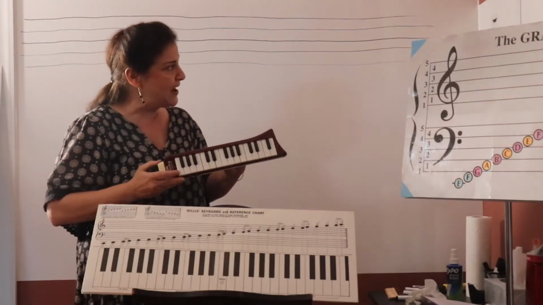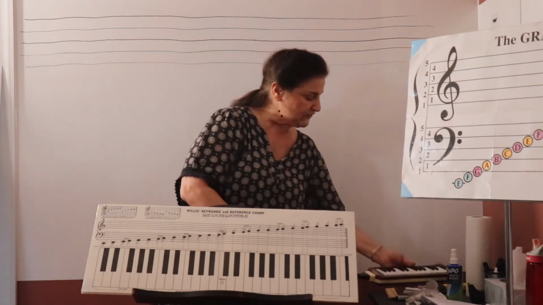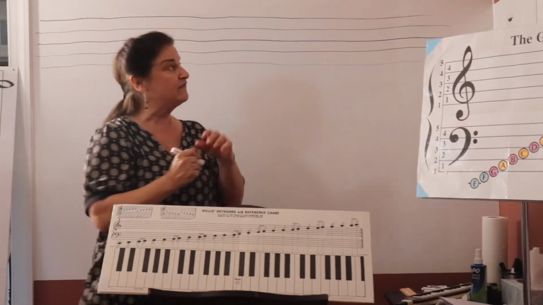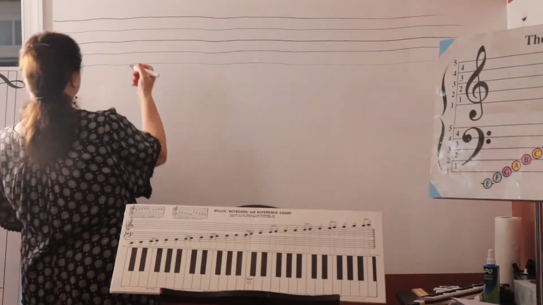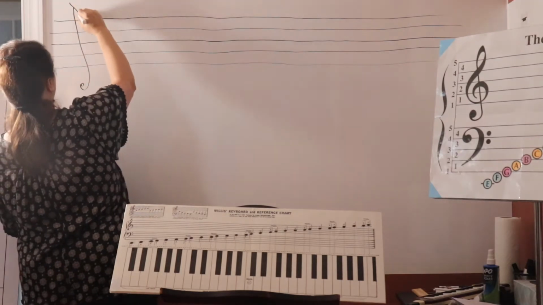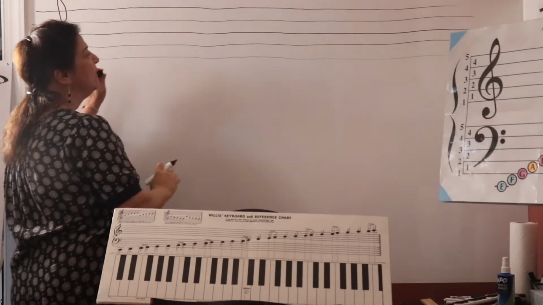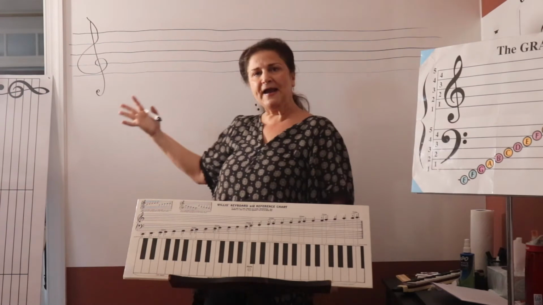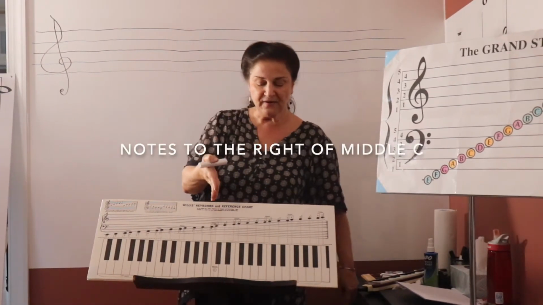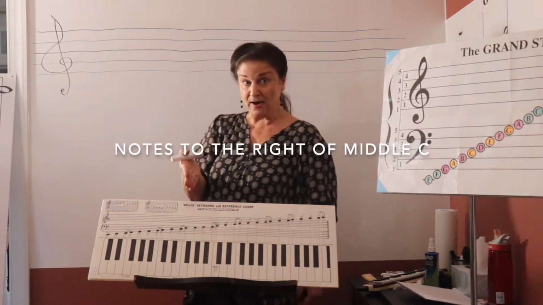So what we're going to do now is go on over to the grand staff. Actually, we're just going to go to the treble staff right now, not the grand staff. I'm going to put a treble clef here. And that says we are going to be writing the pitches that are to the right of middle C on the piano.